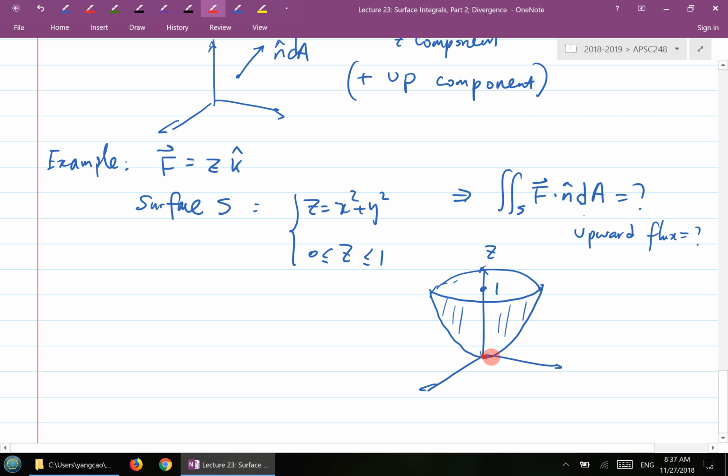If I pick the origin, this is 0, so nothing. If I pick any point in the xy plane, there's no vector there. But once I move up a little bit, then you will have a z component. So you will have a little something once you lift up, and the farther away from your xy plane, the bigger the magnitude of the vector field will be. Right, so that's the F vector field.